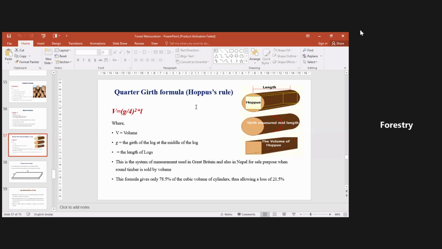Only for calculation of logs when it is single do we use the quarter girth formula.